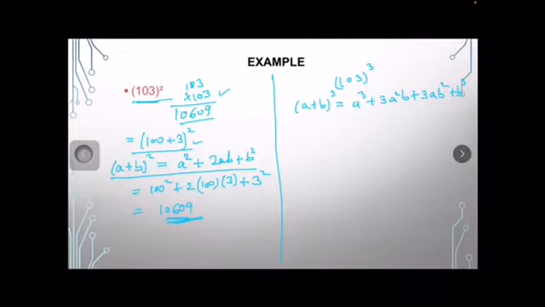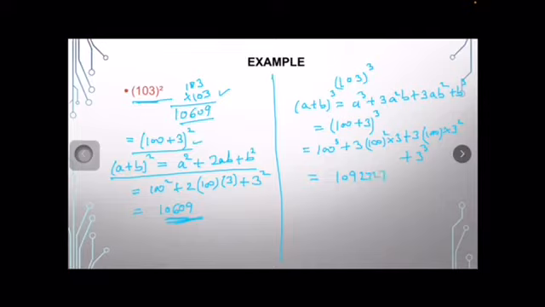You can write 103 as 100 plus 3, whole cube. Put 100 in place of a and 3 in place of b. So a is 100, multiplied by 3 square, plus b is 3, so 3 cube. After solving you will get the answer 1092727.